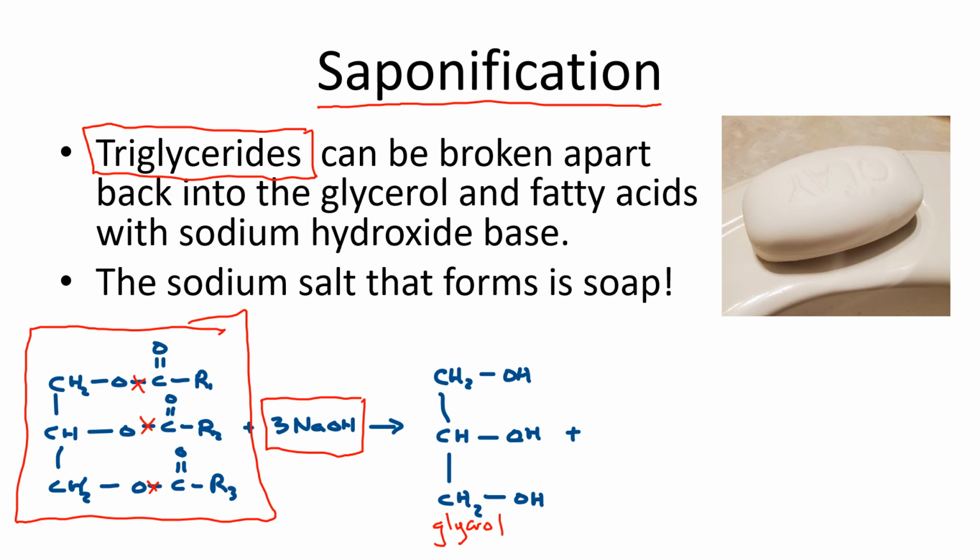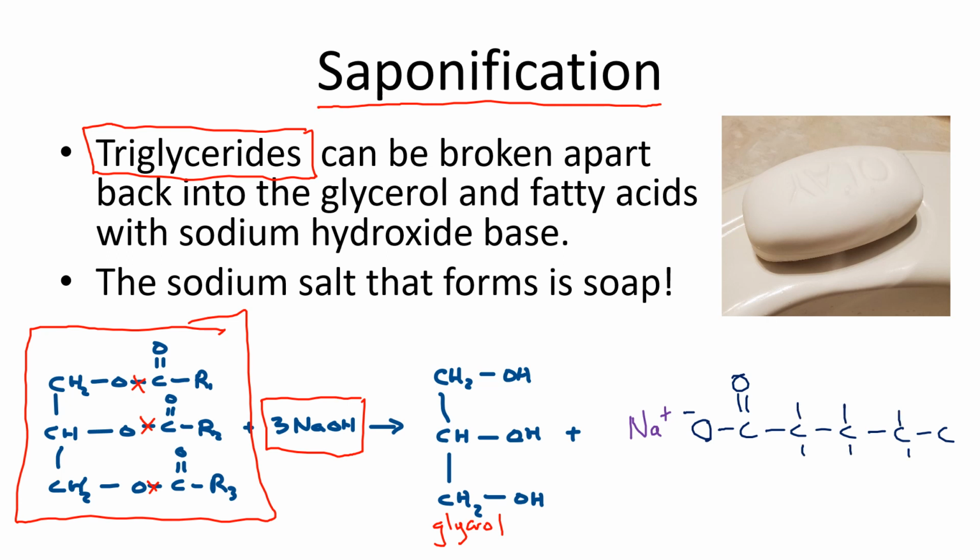Let's use a different color for the sodium ions, and the remainder of the molecule will be there as well. It should be an O with a negative charge, and then a carbon. There's your carboxyl group minus the hydrogen, and then of course the rest of the carbons down till you run out.